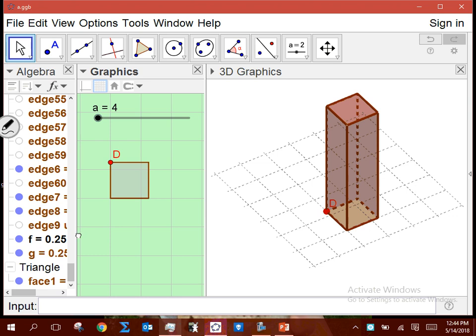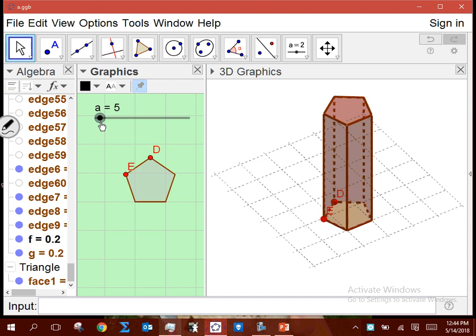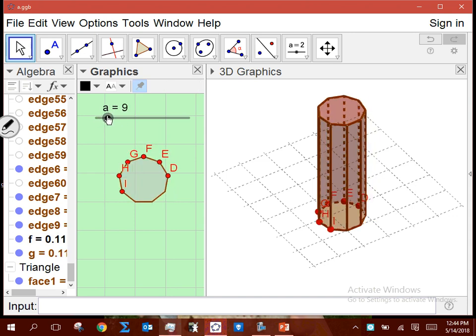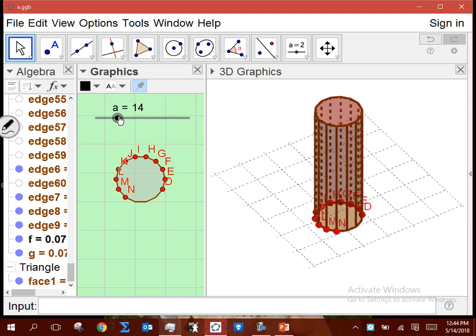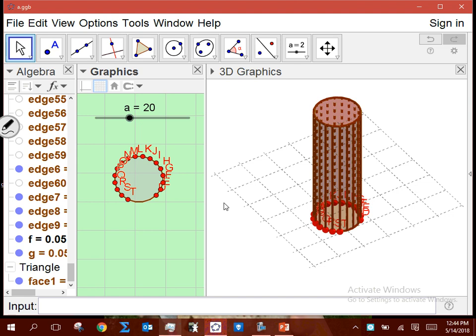These are the lengths of the sides right now: 0.25, that length right there. As I start changing, it went to 0.2, 0.14, 0.11.